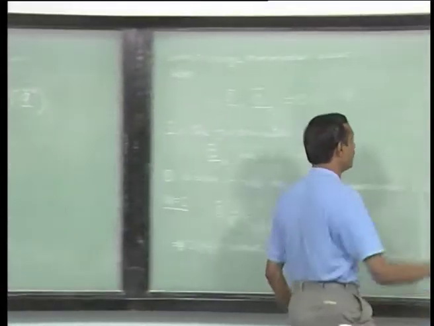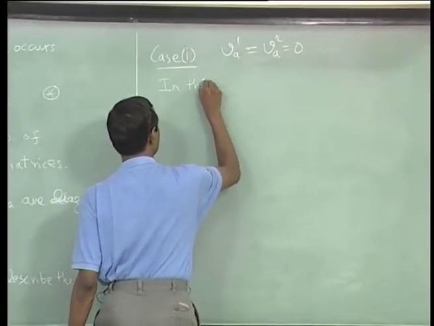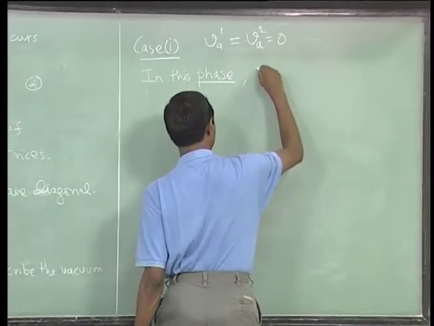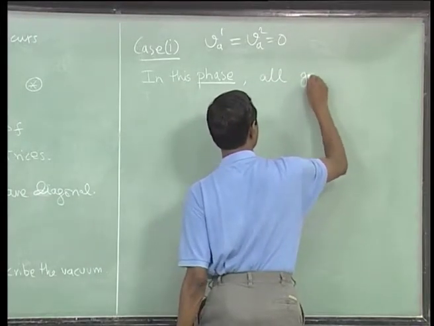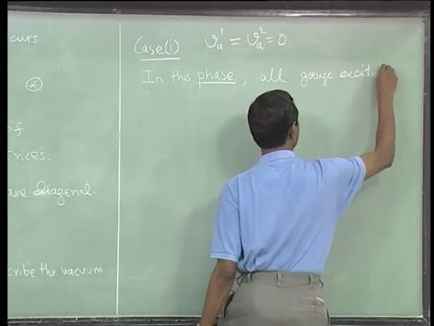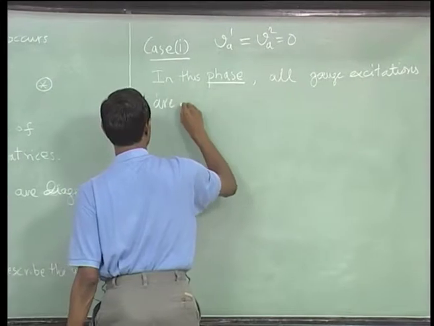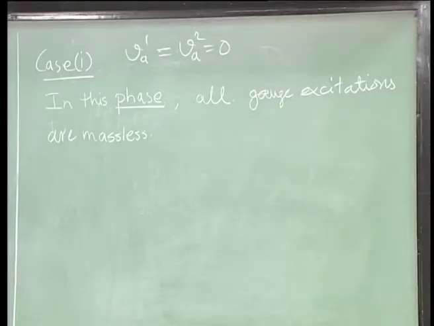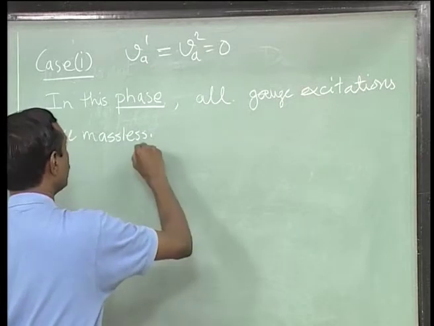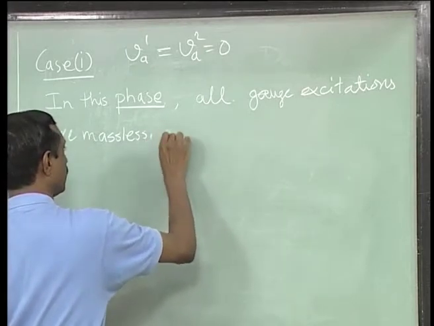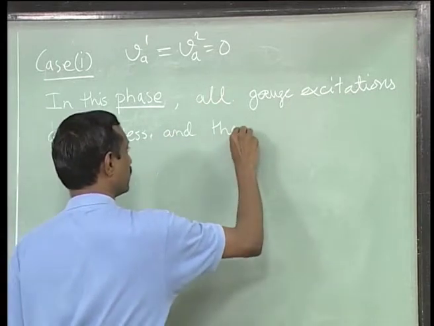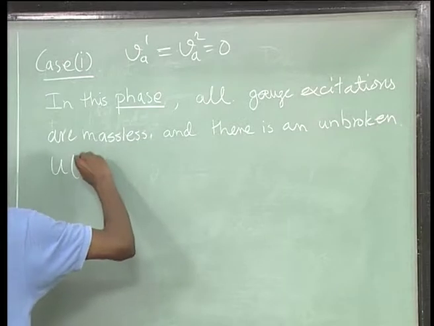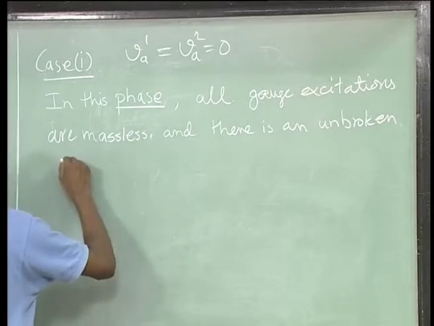So in this phase, all gauge excitations are massless, and there is an unbroken U(2), or SU(2), symmetry.